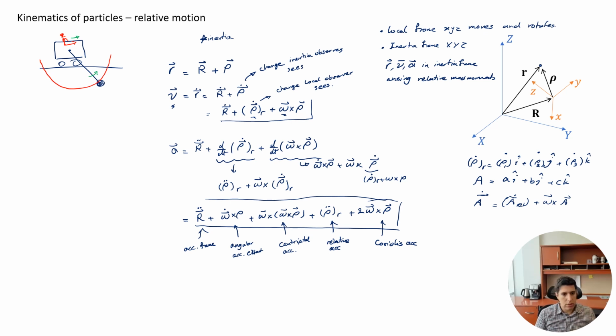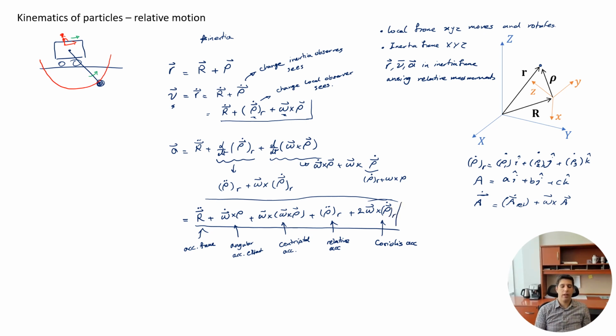This is rho dot, right? It must be rho dot. And it must be rho dot relative. Like this, yes, that's better. That makes more sense.